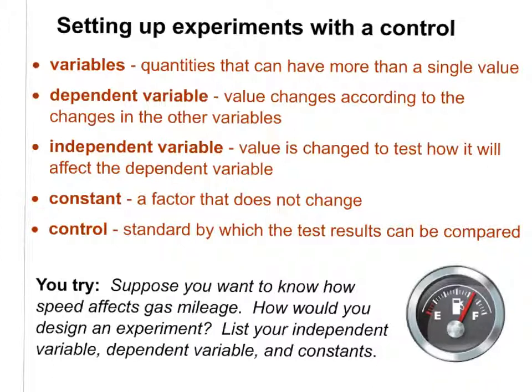A constant is a factor that does not change. It's something that stays the same throughout the entire experiment. So in our previous experiment, a constant would have been the solution that the agar cubes were soaked in, and the concentration of whatever material that we were looking at to be diffusing into those different cells. A control would be a standard by which the test results can be compared.